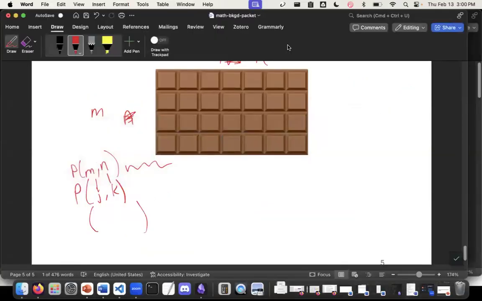But for this, we've got two variables, and so there's 3 possibilities for the adding 1. One is j plus 1 and keep k as it is. The other is keep j as it is and do k plus 1. And the other is j plus 1 and k plus 1. So that's the goal.